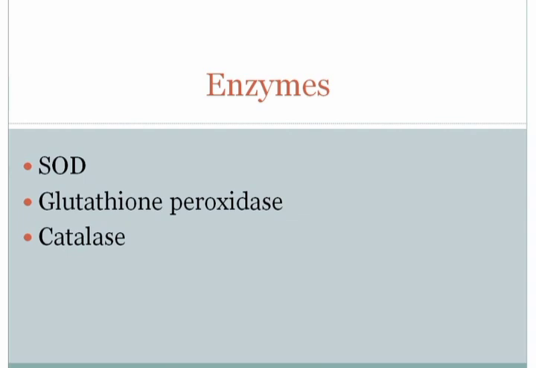where oxygen, if it accepts one electron, becomes superoxide. So superoxide is an important free radical to be familiar with. Were it to accept another electron, it would become hydrogen peroxide, H2O2, which is another important free radical to be familiar with.